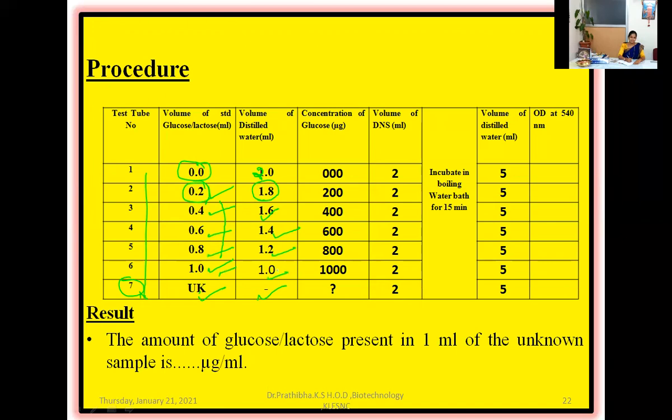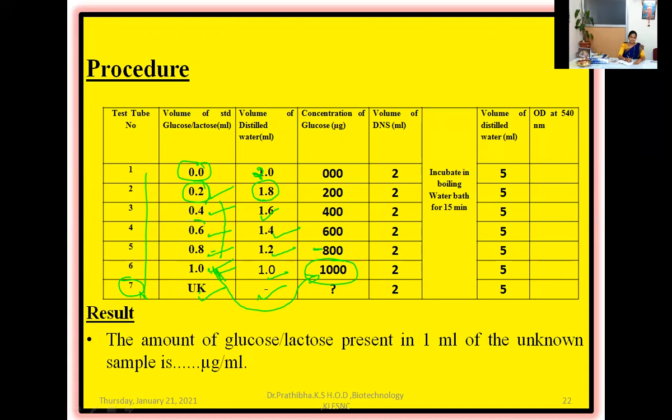So while performing the DNS method using glucose, the concentration used is 1000 micrograms per ml. This column is for the glucose. So in 1 ml, we have 1000 microgram of glucose. So in 0.8 ml, how much? Do the cross multiplication, 800.